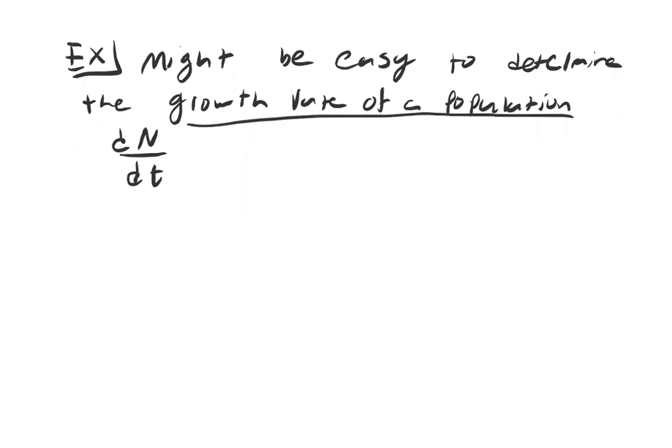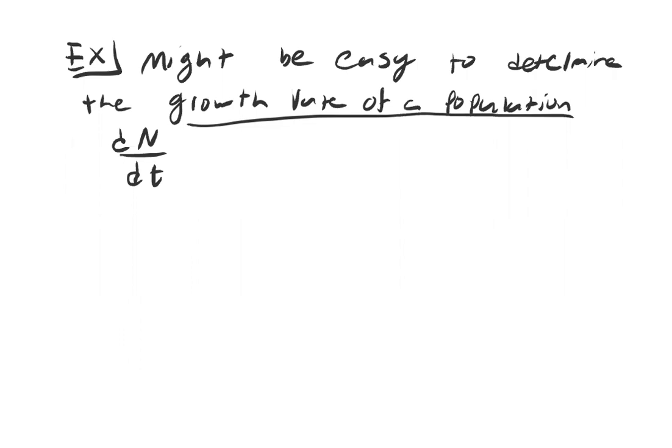It might be the human race. It might be, I don't know, if you're a turkey farmer, I guess you could be interested in how that is changing. Turkeys don't, I guess, populate as fast as humans do. Well, maybe they do. I know there are more chickens in the world than there are humans, but anyway. So let's suppose that I'm given this function that tells me how this population's growth rate is changing.